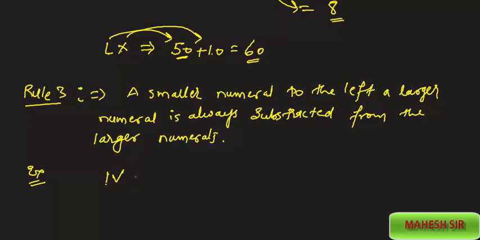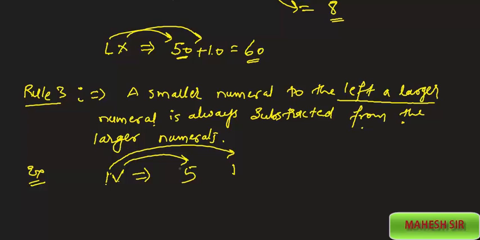According to rule 3, a smaller numeral to the left of a larger numeral, the larger numeral is this V standing for 5 and this I standing for number 1, is always subtracted from the larger number. The 5 is the larger number, so 5 minus 1 becomes 4. So 4 is nothing but this Roman symbol IV.